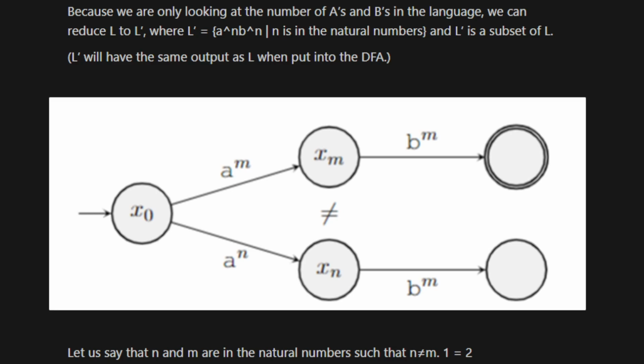So what this means is that when we have these states, xm and xn, because they're inequivalent, we can't reduce that DFA any further.